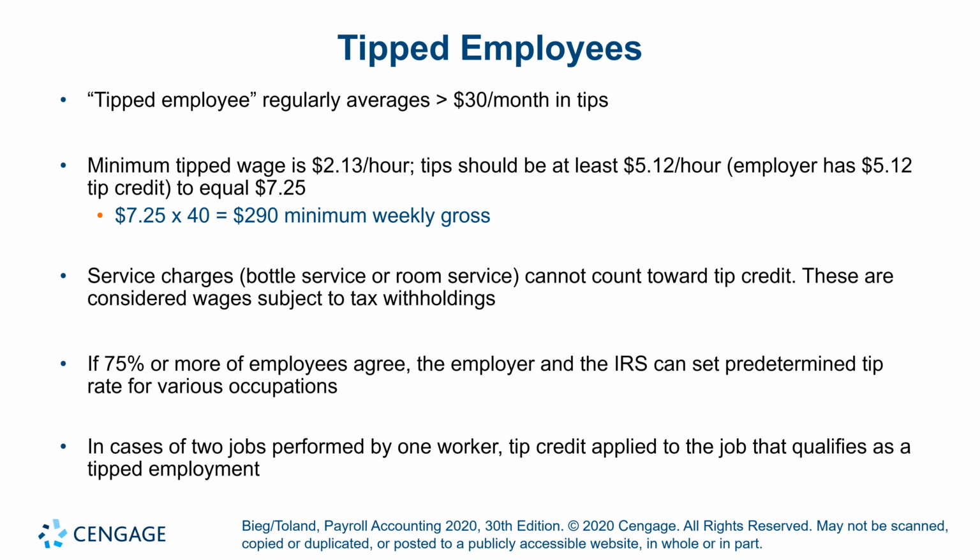All right, so tipped employees. Again, we've gotten some practice with these calculations already, and we'll continue to get more practice with them as we go through the rest of this chapter and the remainder of the textbook as well. But tipped employees should have regular tip averages of greater than $30 a month in tips.